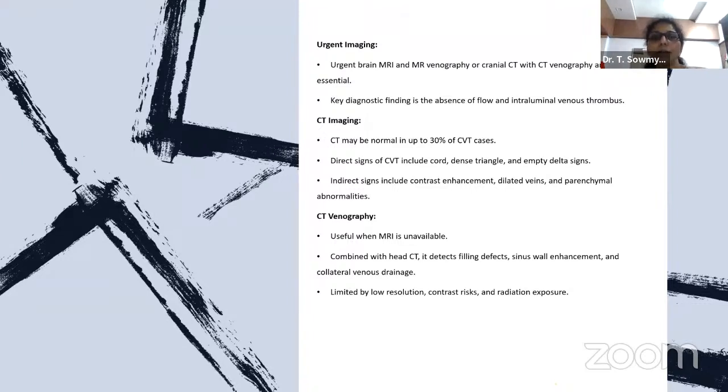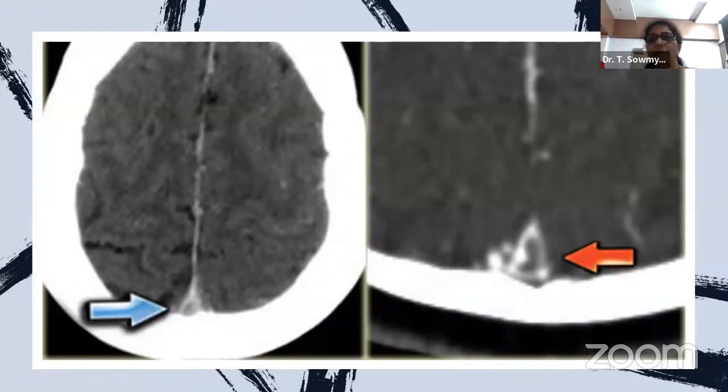But when we do CT brain, in 30% of cases, the CT brain may be normal, and the signs of CVT are what I'm showing here. There are 3 signs: cord sign.